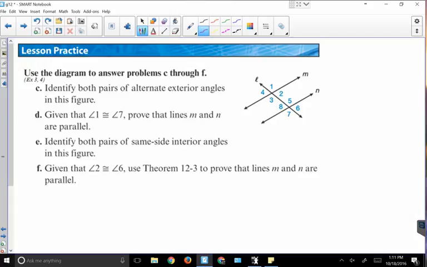So, that puts us up for Hannah. So what are the alternate exterior angles in this figure? Good. And what's the next one? You betcha.